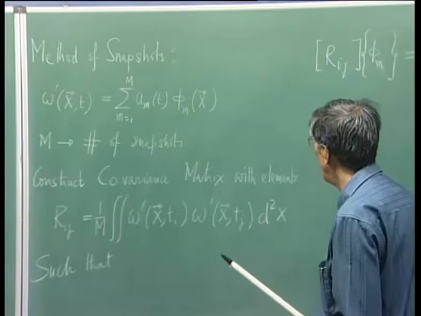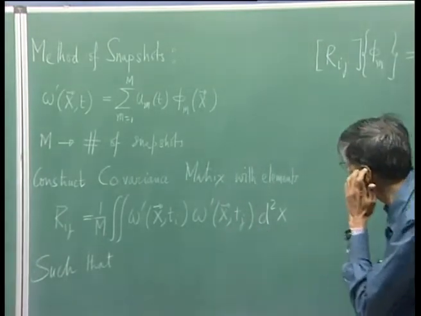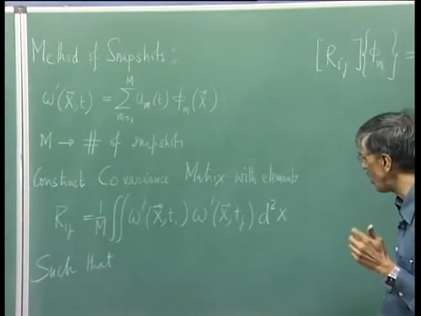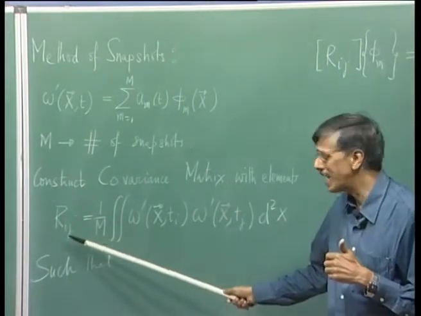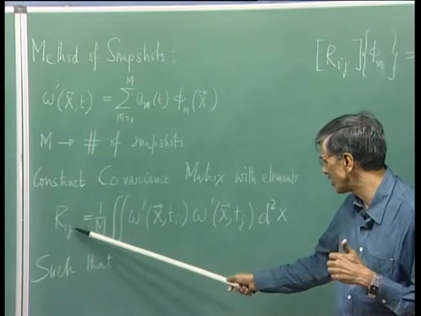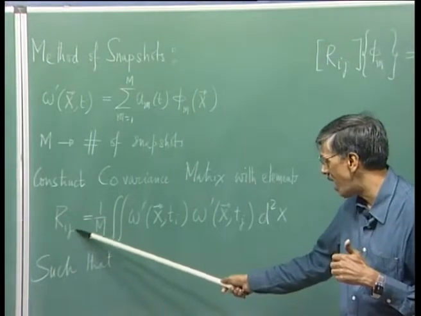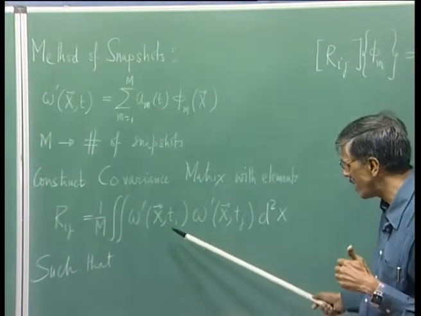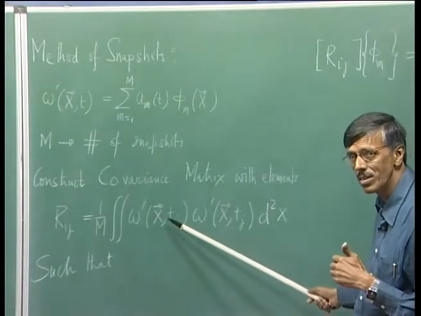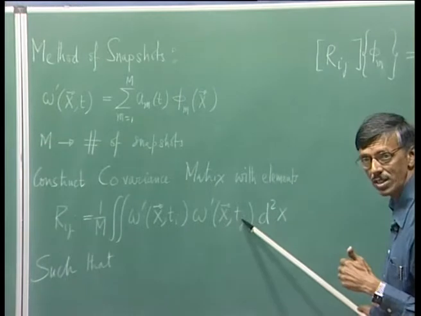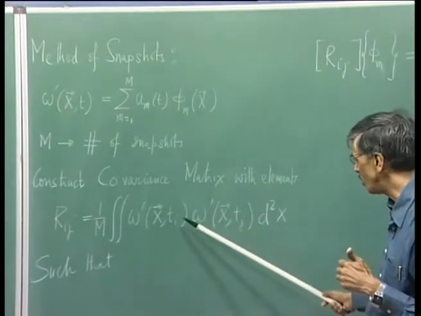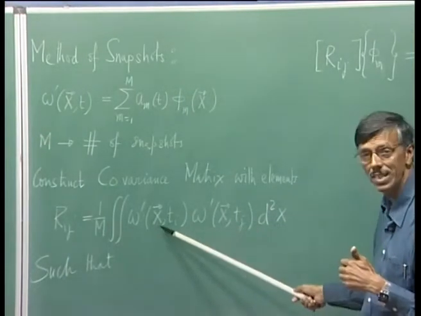Then what you do is you try to construct what is called a covariance matrix of this disturbance field. So, that element of that covariance matrix is called here Rij. That is obtained by taking the snapshot of the disturbance field at time ti and the snapshot taken at time tj.